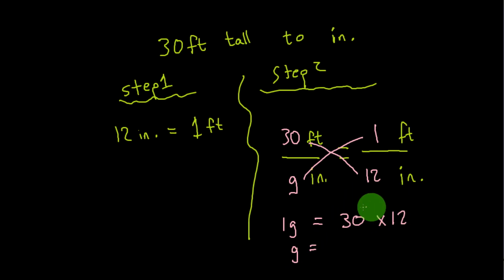Some people might want to pull out that calculator, but remember this is just quick, simple math. If I take 3 and multiply it by 12, I get 36. And then all I have to do from there is bring that 0 down. So it's 360. We're converting to inches. So 30 feet is equivalent to 360 inches.